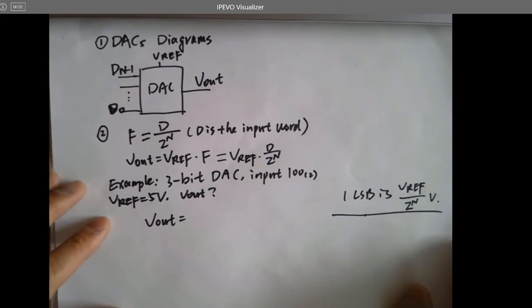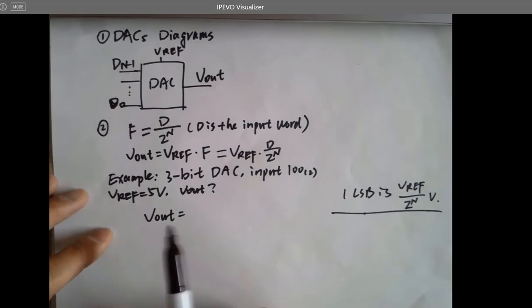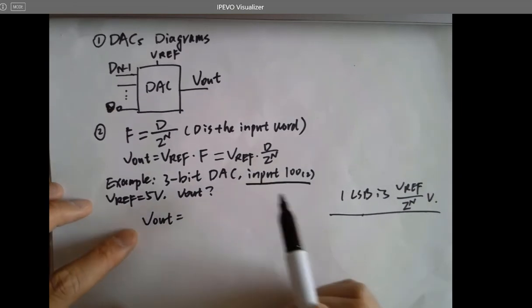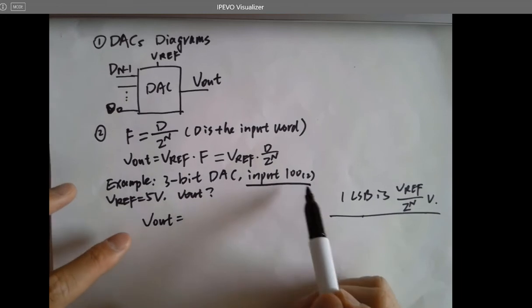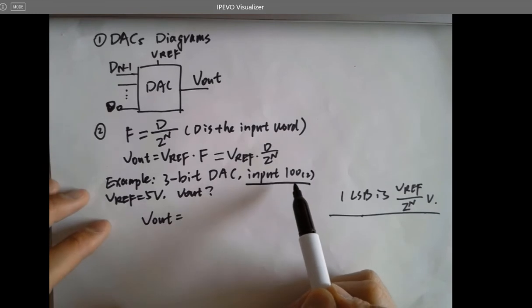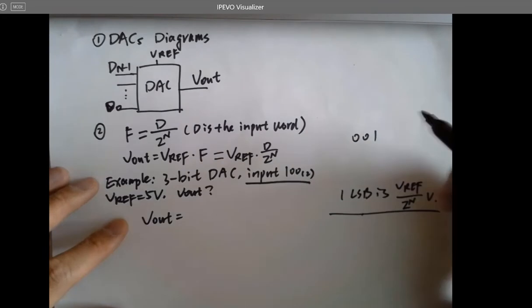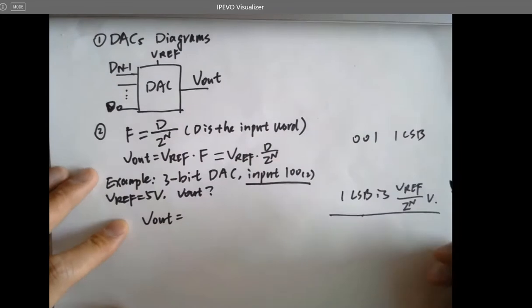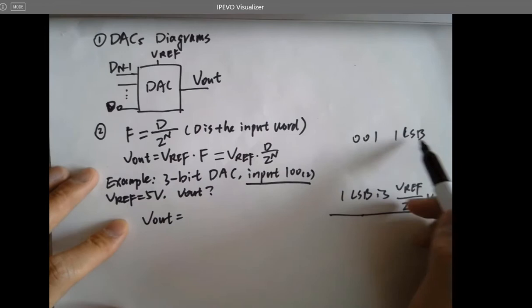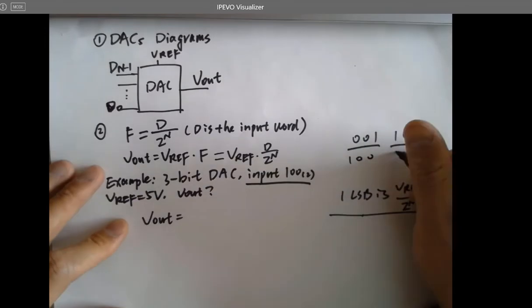You understand this? So Vout, because the input is 100, how many LSBs are there? 4. Because this is 1 LSB, the least significant bit. So this is 4 LSB.